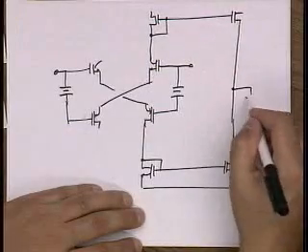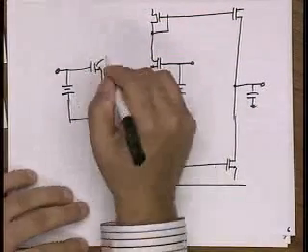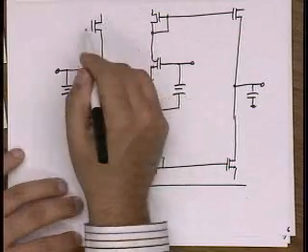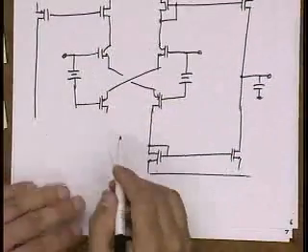For simplicity, I'm going to draw simple mirrors with the understanding that if you want to get higher output impedance, of course you would use a cascode mirror. Better yet, a high swing cascode mirror.